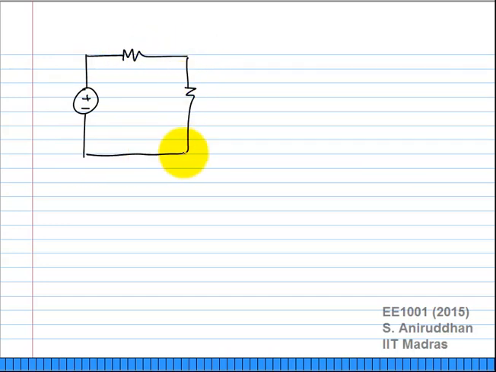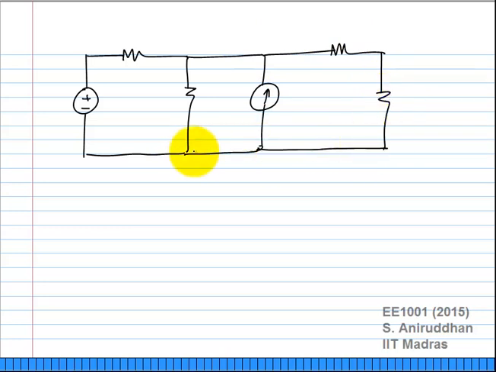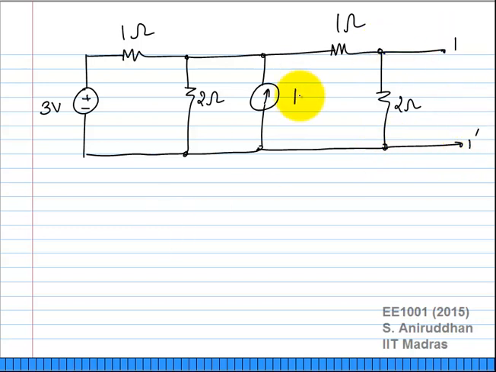So let us say I have an example prepared for you guys. Let us say this was the network N. I have some combination of voltage source, current source, some resistors.